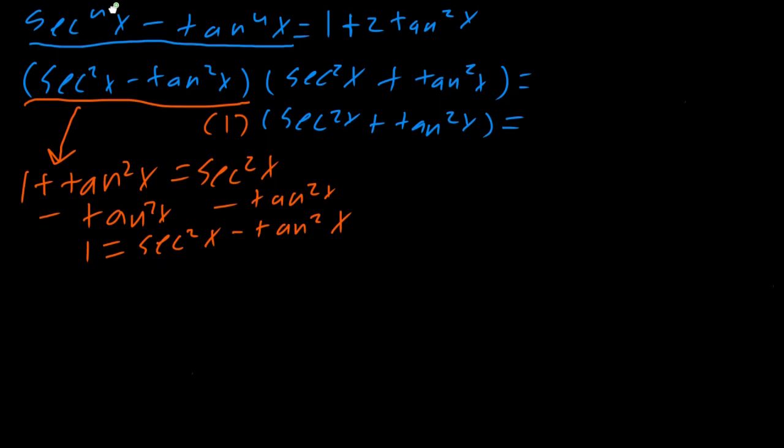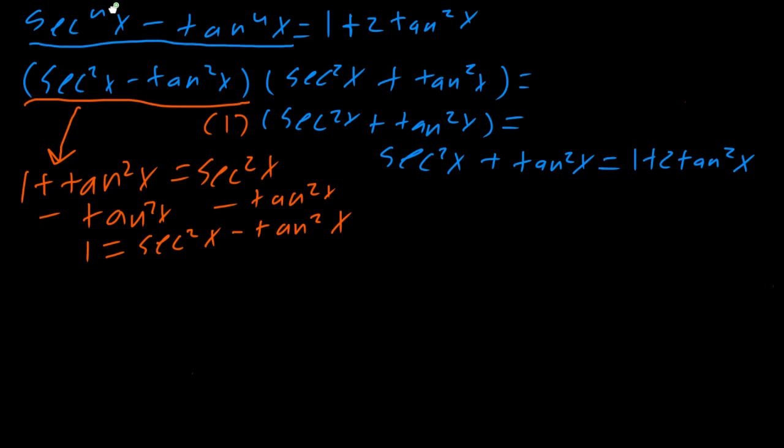So we're just left with secant squared of x plus tangent squared of x is equal to 1 plus 2 times tangent squared of x. Okay, so I'm kind of stuck right now.